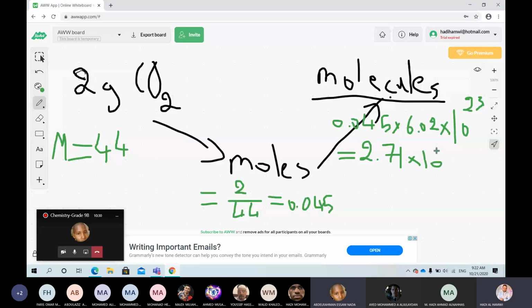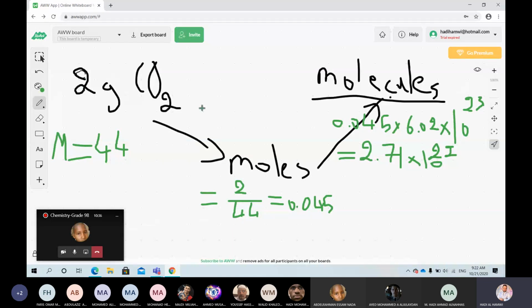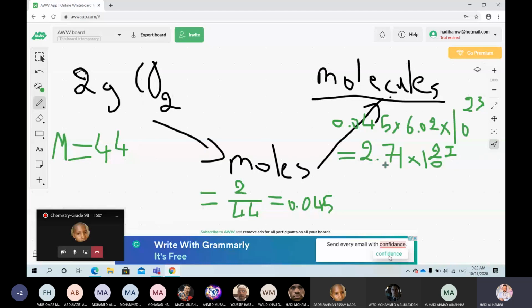Great, 10 to the power 22. So these are the molecules. In 2 grams of carbon dioxide, I have 2.71 times 10 power 22 molecules of carbon dioxide.